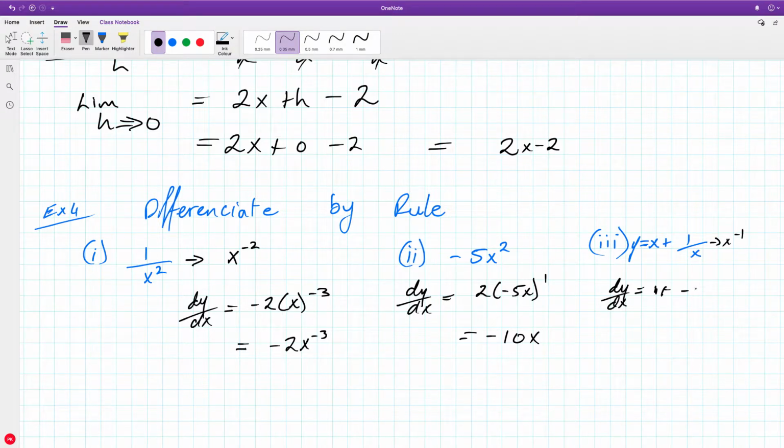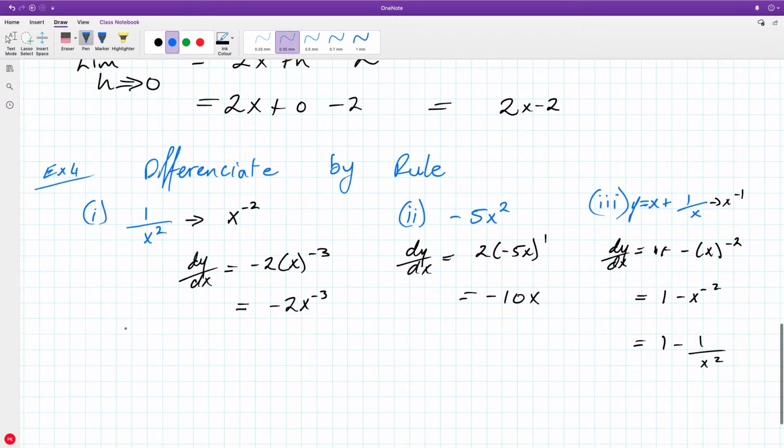So that's minus times x to the power of minus 2, which is equal to 1 minus x to the power minus 2, or some people say 1 minus 1 over x squared. Either way it works. Have a go at this one.